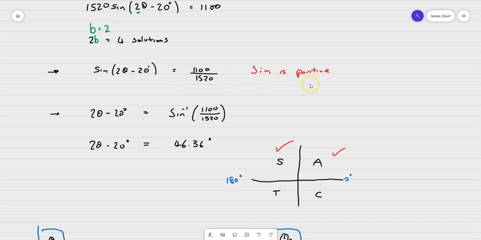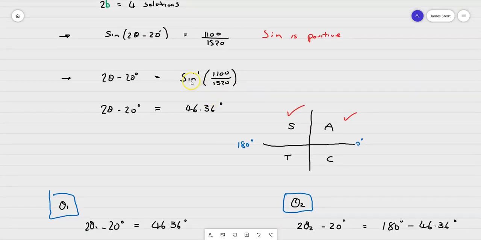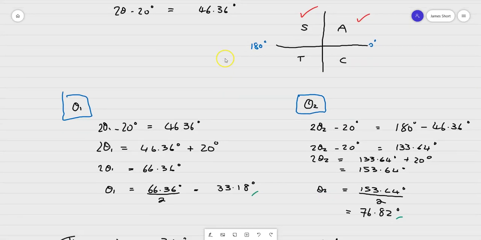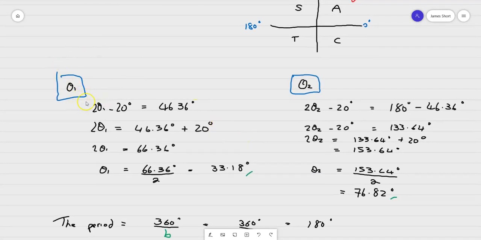We've got a fraction, and we've noted that this is positive because there's no negative sign here, so sine is positive. We've then taken the inverse sine and solved for that, which gives us our first angle. We then use our CAST diagram to find out what quadrants we're looking for our solutions in. We calculate the first angle by taking the phase shift to the other side and then dividing by the period coefficient to get our first solution.